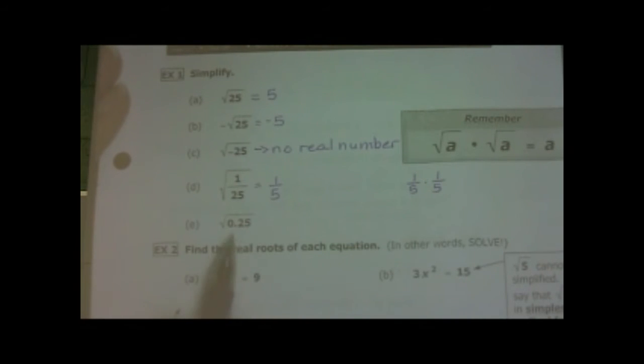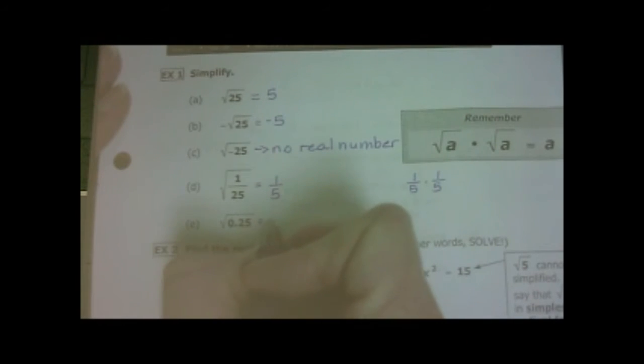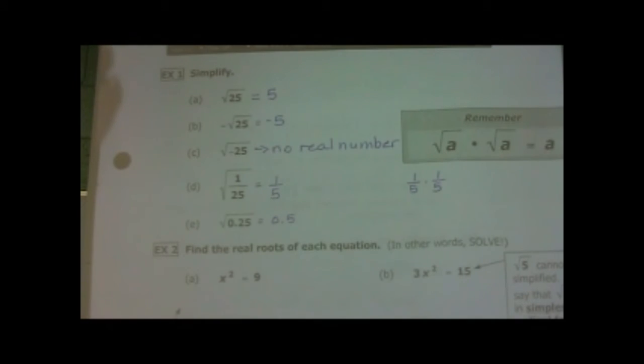You can even do this with the decimals moved over a little bit. This is the square root of 0.25. This equals 0.5. 0.5 times 0.5 is 0.25. So if you can find the square root of 25, you can find all of these other roots.